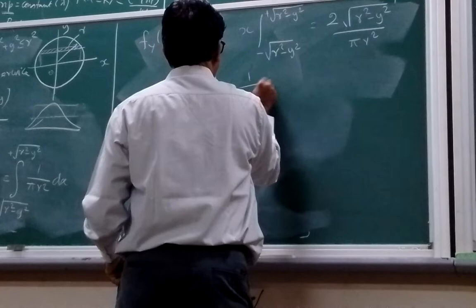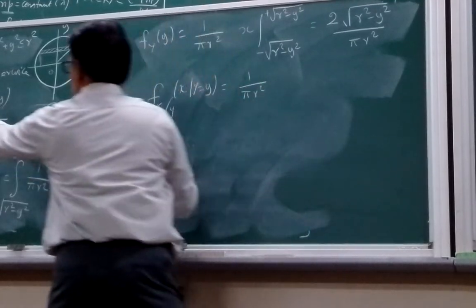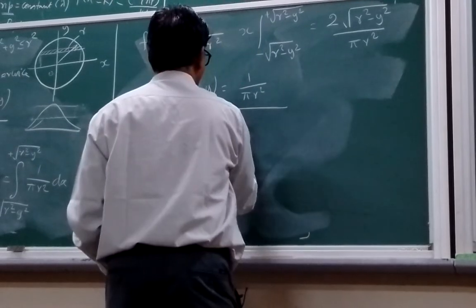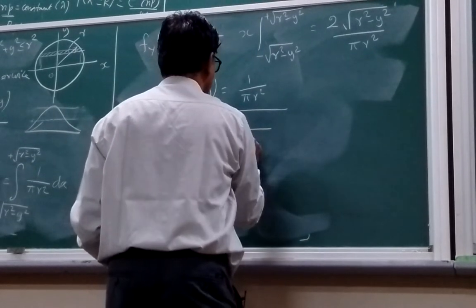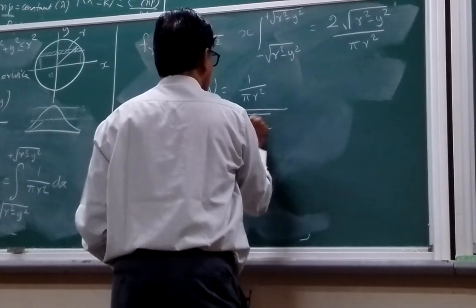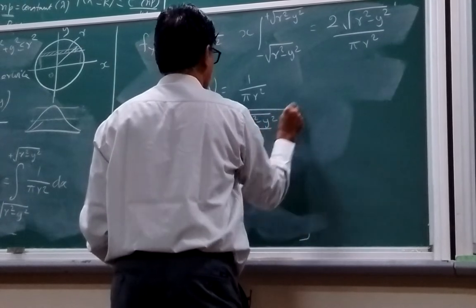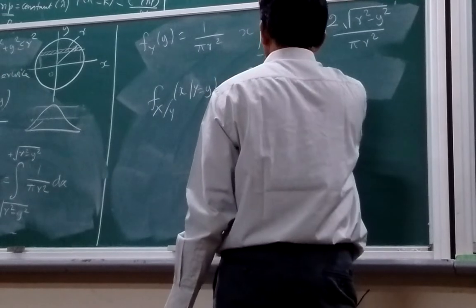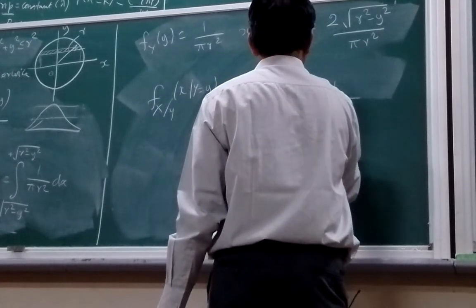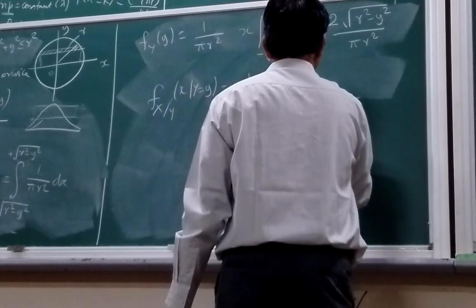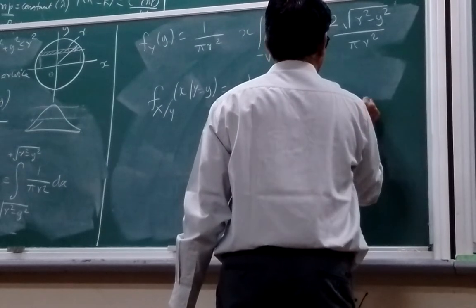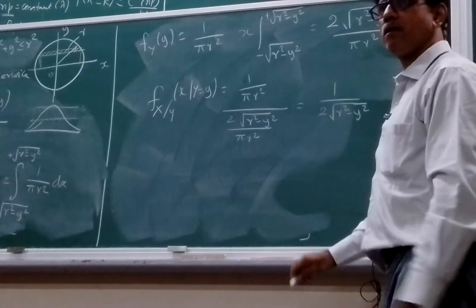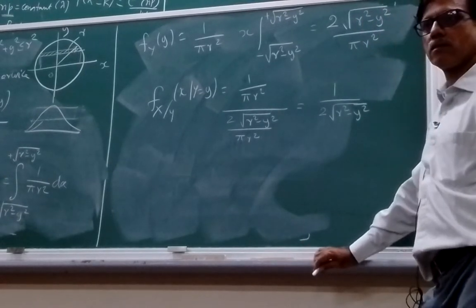So on the top we have 1 over pi r squared. So this is 1 over pi r squared. Here we have found out this one. So this is what we get for x.